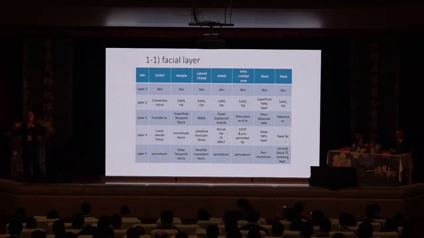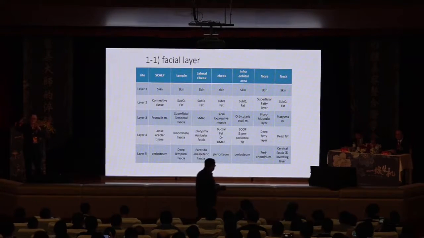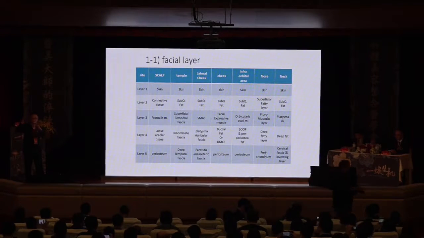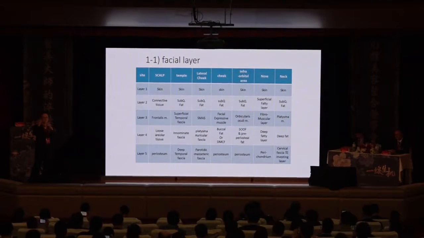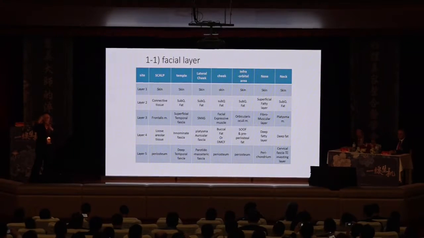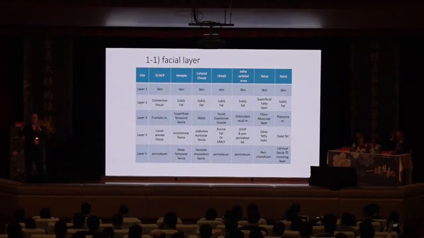The facial layers are like this. Generally 5 layers: skin, subcutaneous, and SMAS and its extensions. It is also a somewhat specific membrane. It covers the face, thick in the lateral space and thin in the mid-space. And they encapsulate some important structures like the superficial temporal artery, vein, and mimic muscles.